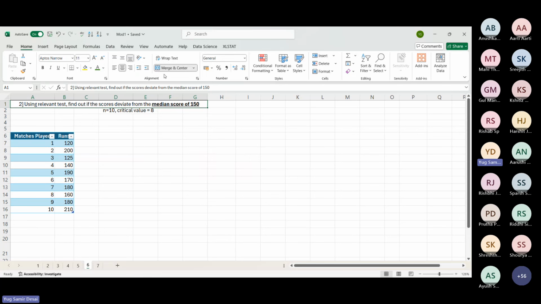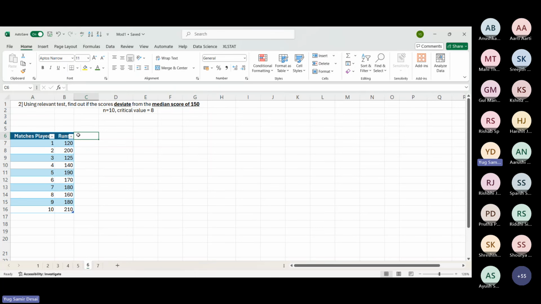It also mentions deviation from a particular value. Ideally it should be the median, because for the Wilcoxon signed rank test, we calculate how much deviation there is from the median of any value of x. Here it has been given as 150.